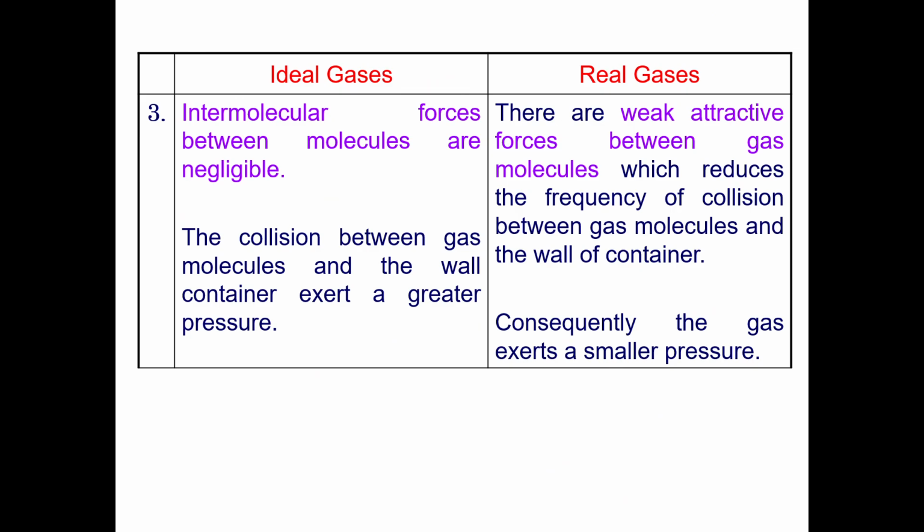So, the second assumption earlier: we assume no intermolecular force between gas molecules, because the gas molecules move very far from each other, so we assume no intermolecular force, attractive or repulsive. But in reality, in real gas we will count it even though it is very weak. So there is weak intermolecular force between the molecules. When there is weak intermolecular force, the movement of gas molecules becomes slower. To correct for the intermolecular force factor, consequently the gas exerts a smaller pressure.